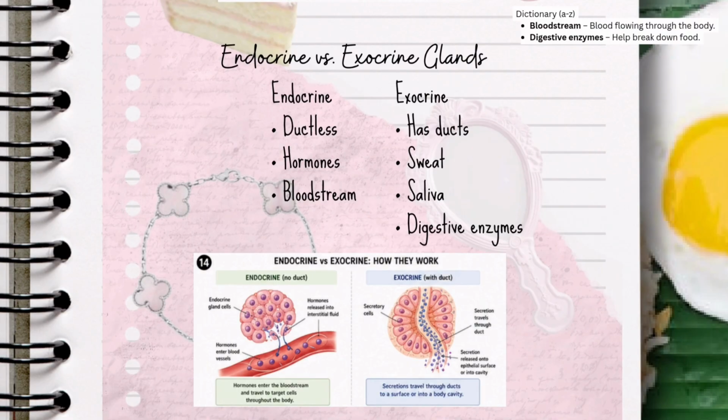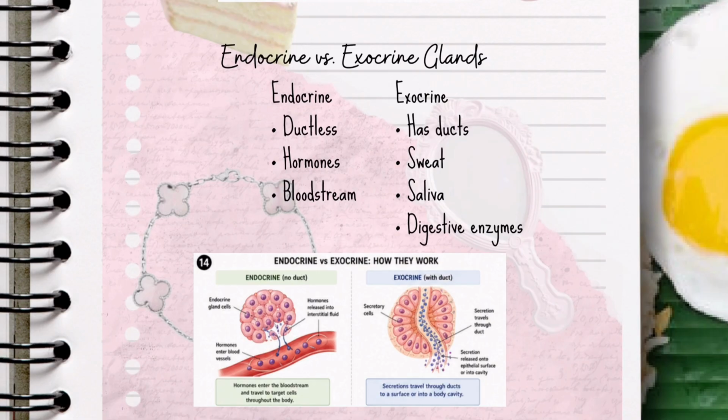Endocrine glands are ductless. Instead of releasing their products through tubes, they secrete hormones directly into the bloodstream, allowing these chemical messengers to travel throughout the body and regulate distant organs. In contrast, exocrine glands possess ducts that carry their secretions directly to body surfaces or into body cavities.